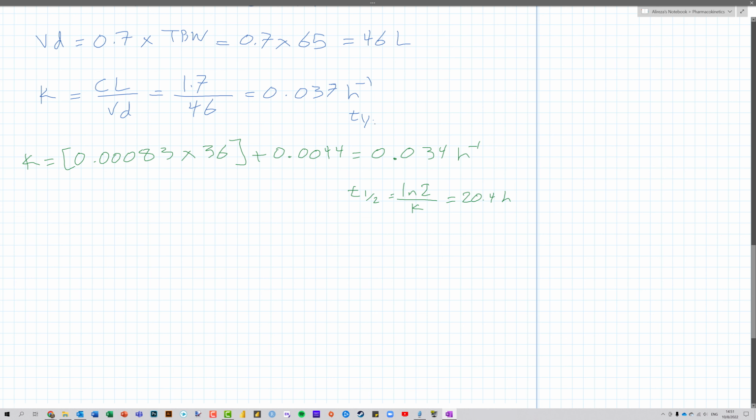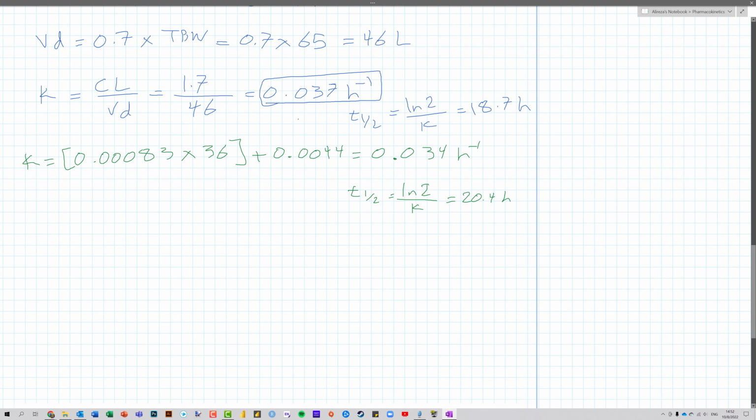Using the original K we found, the half-life would be 18.7 hours. So a couple hours difference, but not something that will be significantly different. Ultimately, regardless of which K you calculate, you should end up with a final answer that's pretty close, and I will show you the differences. But let's go with the original K that we calculated. It doesn't matter which one you choose, because both of these are estimations.